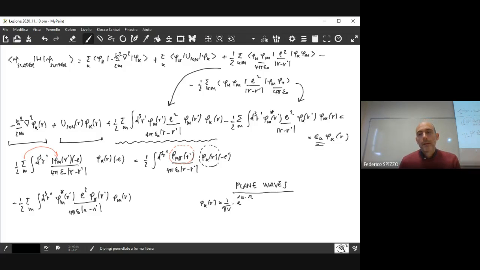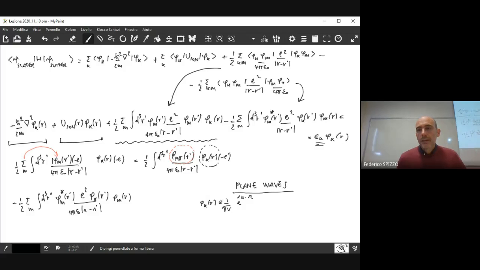Because if we use plane waves, we may recall what was used in the Sommerfeld picture, because plane waves are the solution when you consider that the contribution coming from the ions is not localized, as we have discussed up to now, but the charge density of the ions is supposed to be uniform.